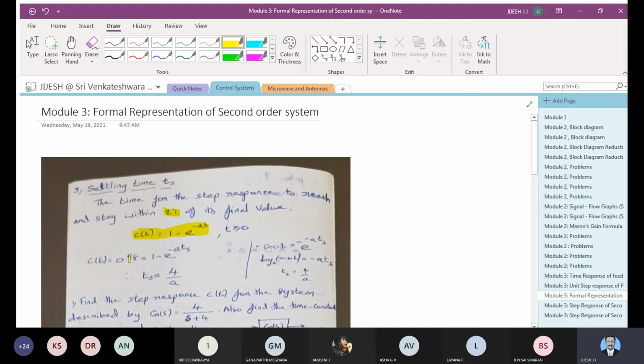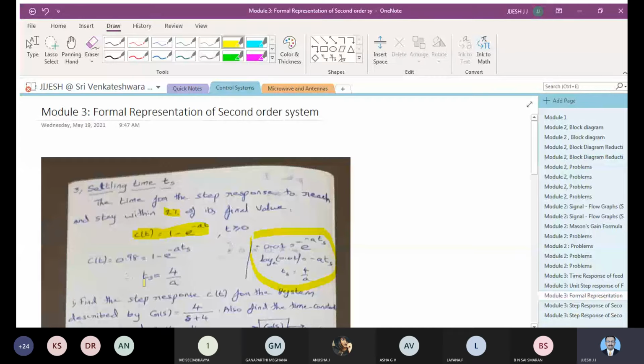So 0.02 is equal to e to the power of minus a Ts. Note these things in your notebook. When you take the log of 0.02 it is equal to minus a Ts, and Ts will be 4 divided by a. When you simplify it further you get Ts is equal to 4 by a.